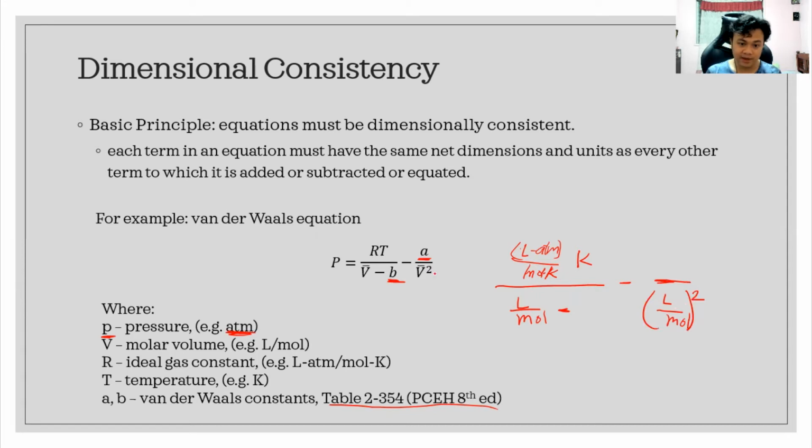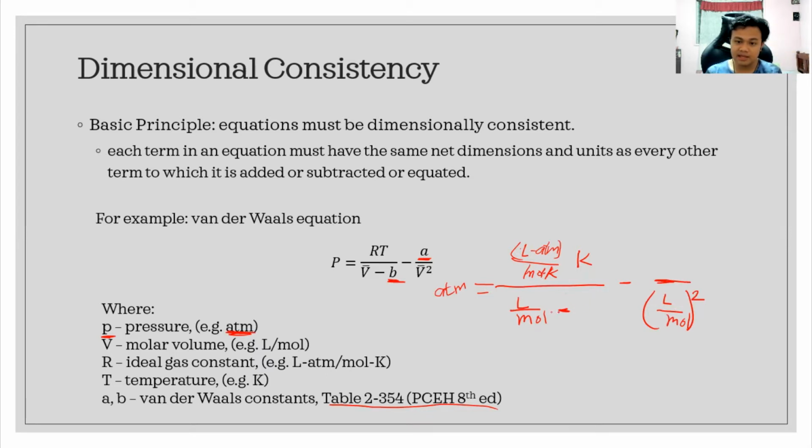So we are tasked to find the units of a and b. Upon inspection, the goal here is that our remaining unit must be atm.